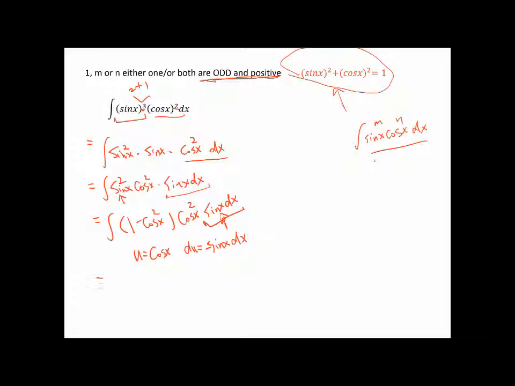Plug in. Here I see sin x dx is negative du, and here is 1 minus u squared, times negative du.